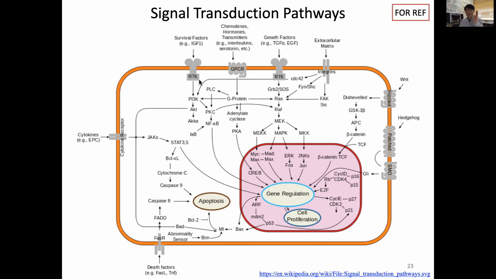A kinase is an enzyme which will phosphorylate another molecule. So let's say there's a survival factor, insulin-like growth factor 1, and that ligand attaches to this, causing cell signaling to activate PI3 kinase, which will activate AKT, and so on.